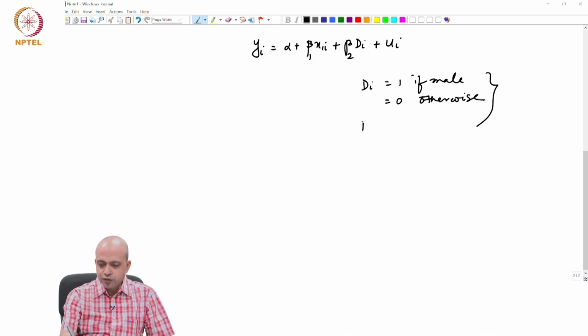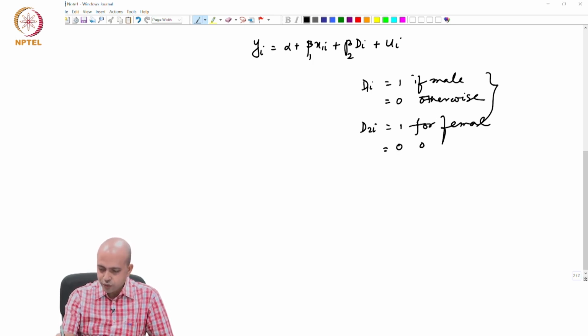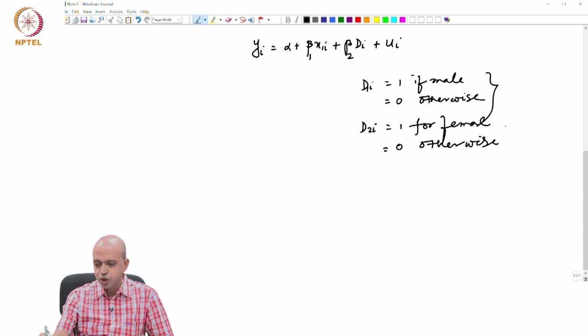If you include dummies like this, let us say D1i equals 1 for male and D2i equals 1 for female and 0 otherwise, that means I have 2 categories and I have introduced 2 dummies, and you will end up with a problem which is called the dummy variable trap.